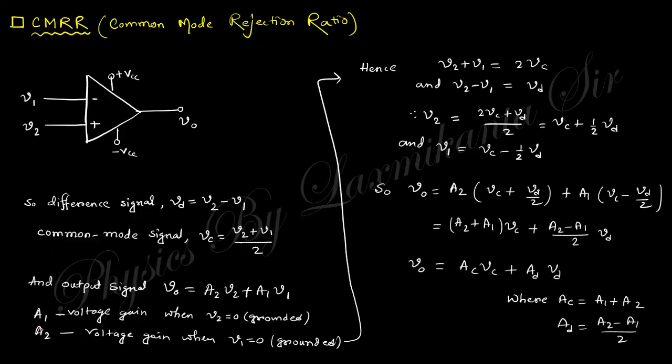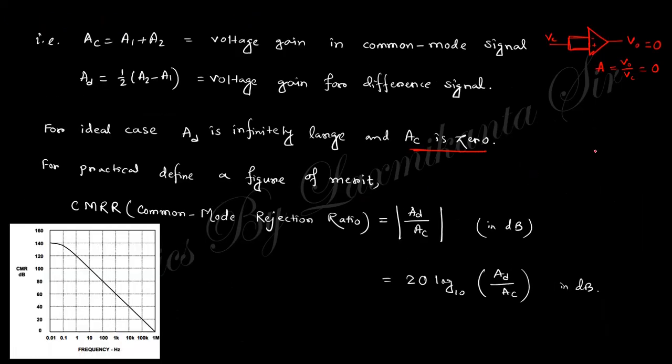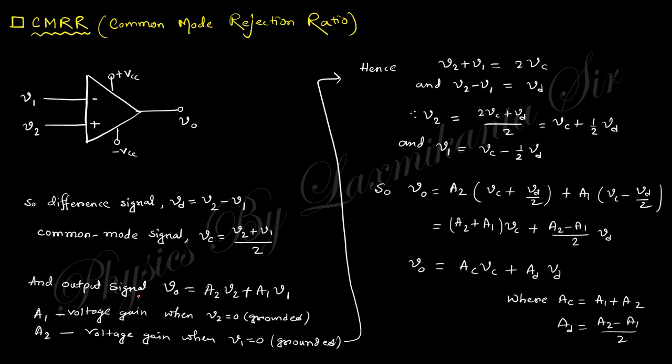And the difference mode is when there is a difference, the output will be proportional to that difference. We take this as infinite in the ideal case, but in practice this is a high value, and in the common mode this is not 0, this is a low value, so their ratio is known as the CMRR.